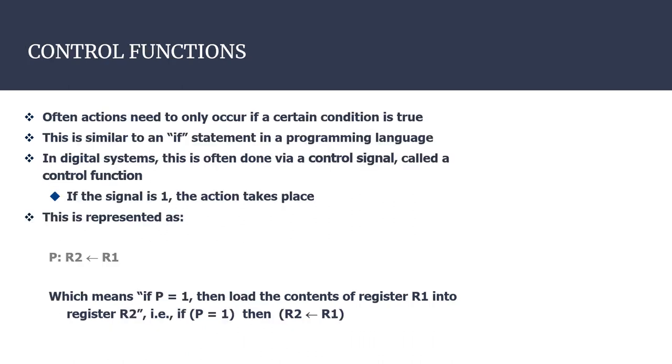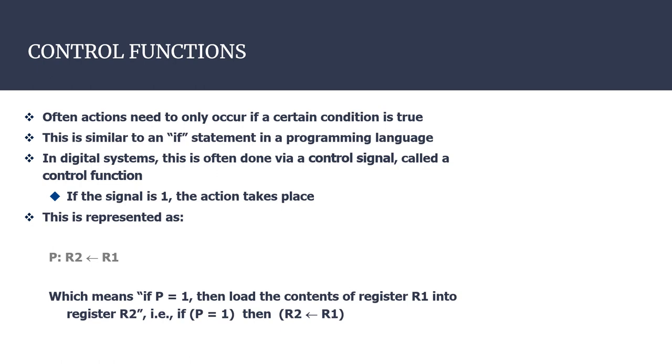Okay, so this type of transfer does not occur randomly. In a digital system, we would like to perform these register transfer operations on the initiation of a control function. Means there must be a function which is used to initiate such a register transfer operation.